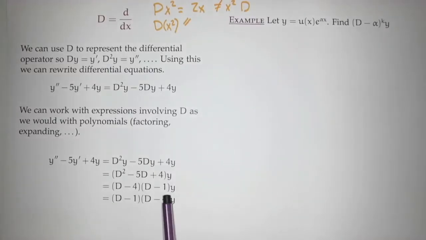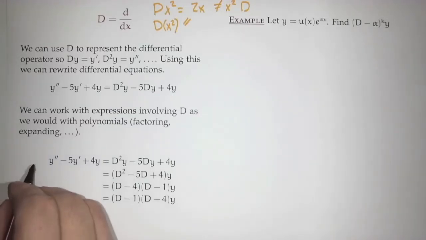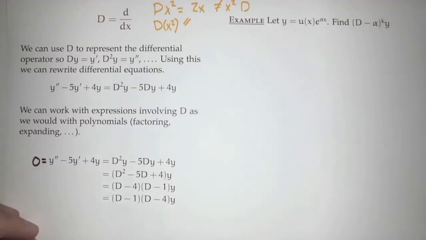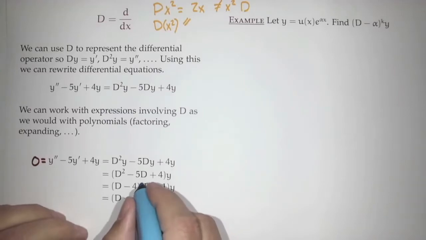But it doesn't matter which order I factor. D minus 4 times d minus 1 is the same as d minus 1 times d minus 4. Now, if we had a differential equation, which we do need one small other piece, which is, okay, we set this equal to 0, then what we can say is, well, what we really need to look for are solutions to these smaller pieces.